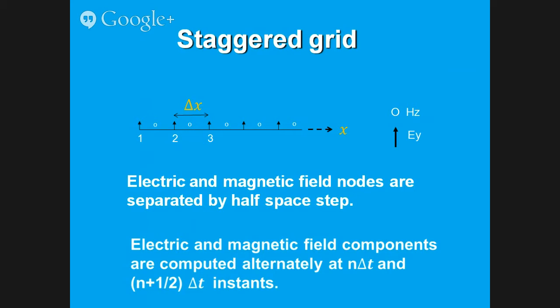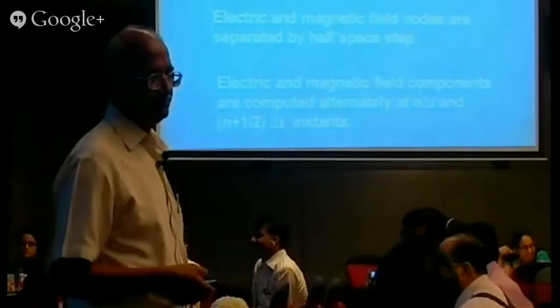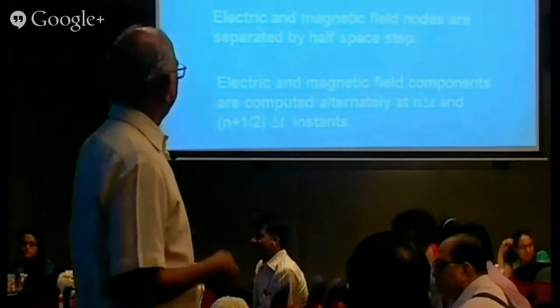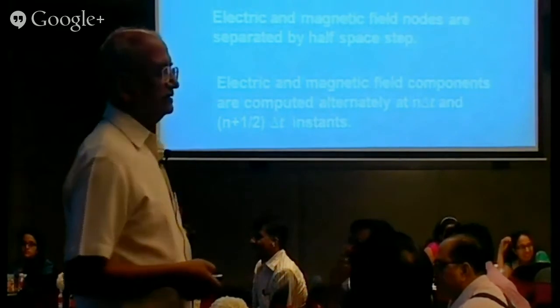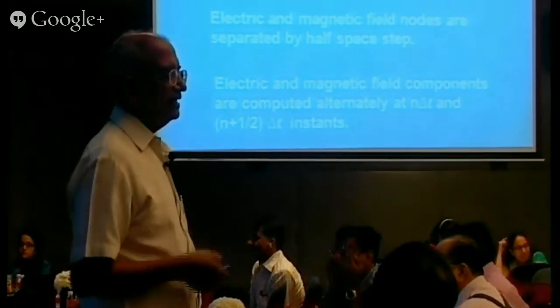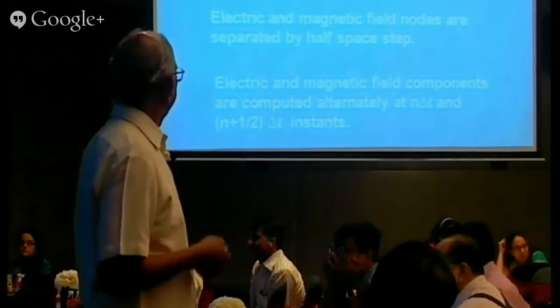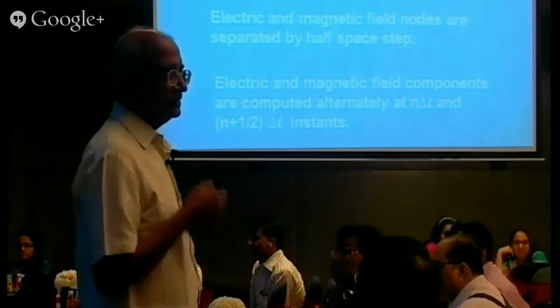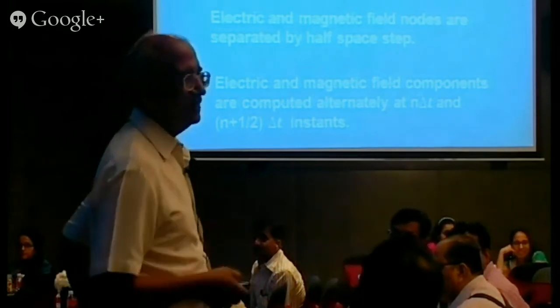So here the electric and magnetic field nodes are separated by half space step. Similarly, the electric and magnetic field components are computed alternately at n delta t and n plus half delta t instants. This is just to save the time and memory.